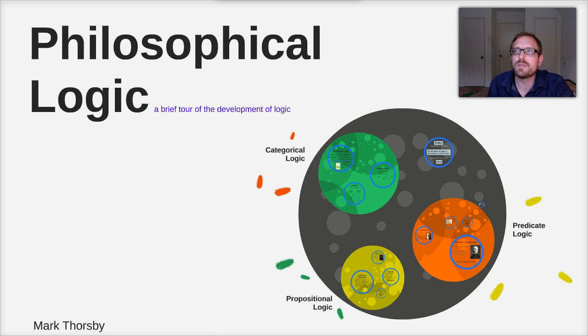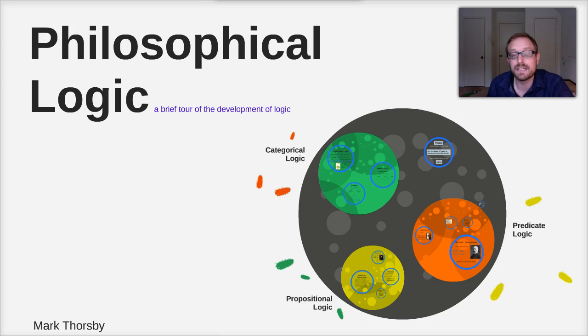But one of the things I realize is that when we teach this course, we tend to simply teach the mechanics, the way to calculate validity, either in propositional contexts or with quantifiers in categorical logic, and the same thing in predicate logic as well. What I think students are missing in these introduction courses is a sense of the philosophical problems that are at stake in the development of logic.